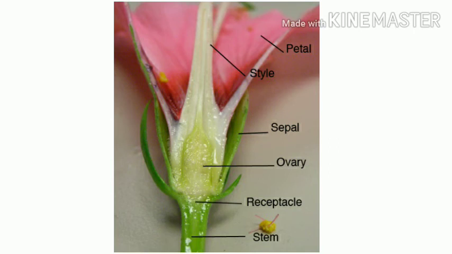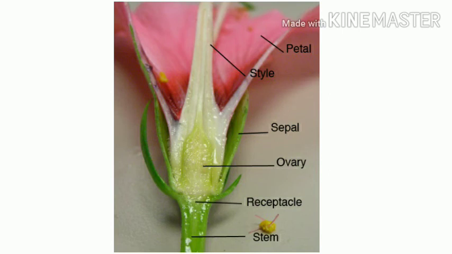Now, why do we call it hypogynous? In the picture you can see the ovary, and all the parts like the sepal and the petal are coming from below the ovary. So such flowers are called hypogynous, in which the flower whorls are coming from below the ovary.